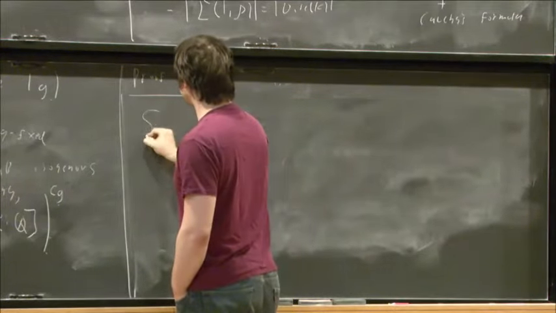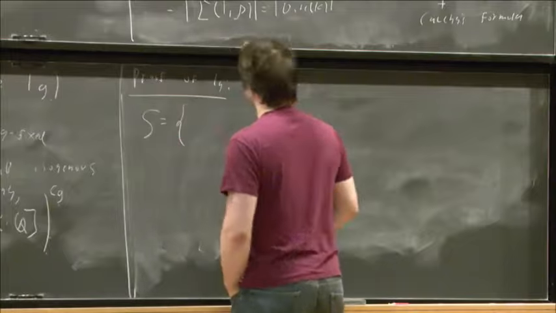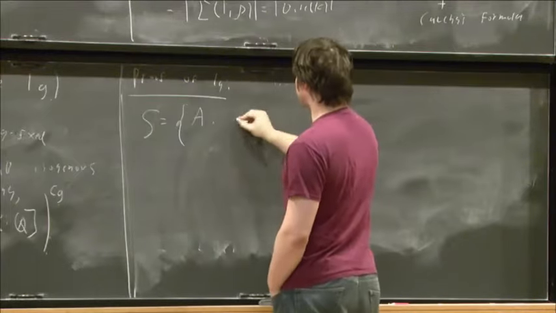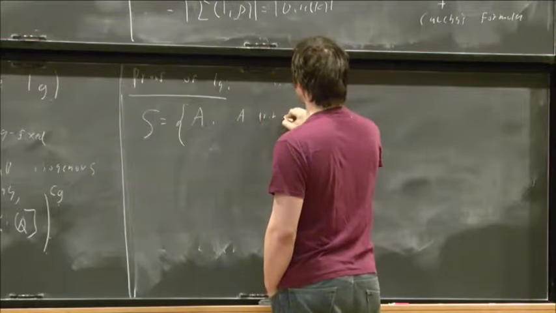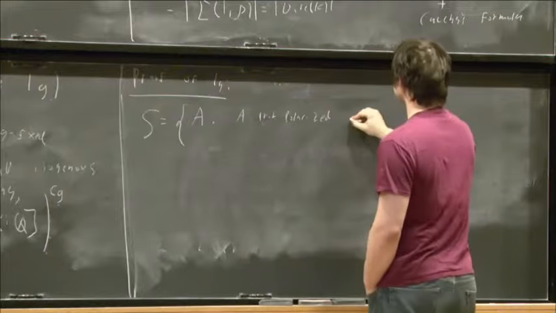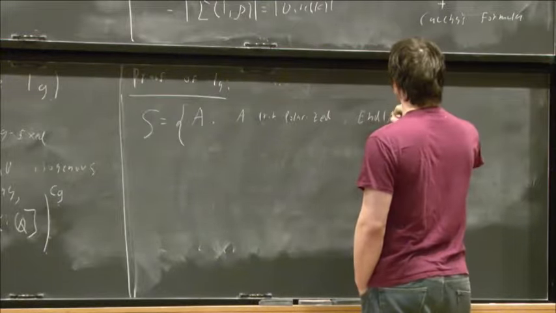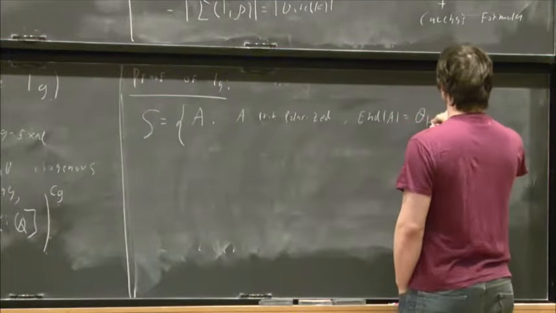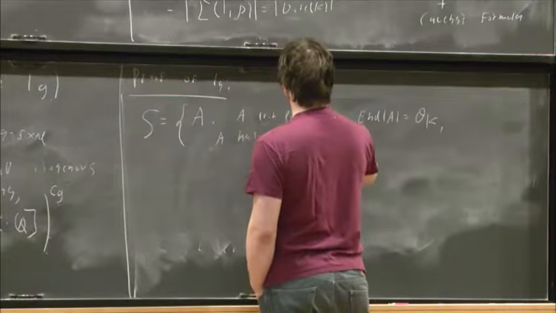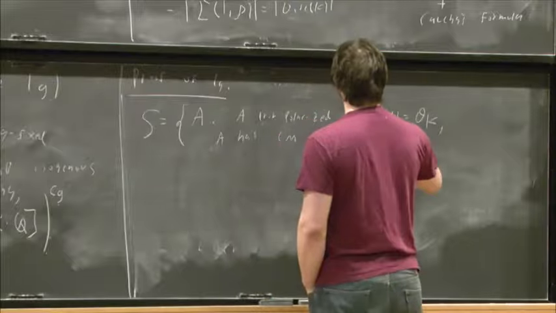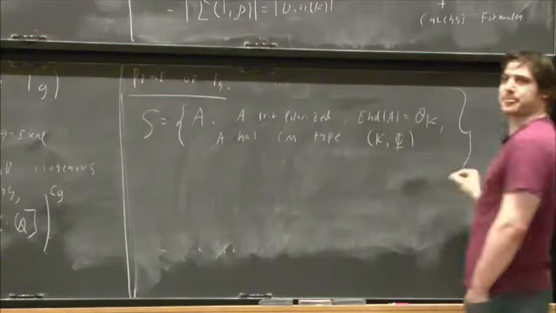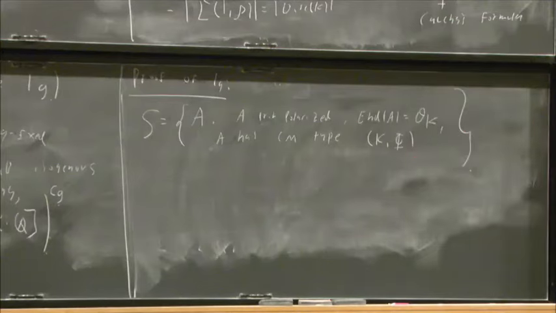So define a set S to be the set of all abelian varieties A, such that A is principally polarized, the endomorphism ring of A is the full ring of integers of K, and A has CM type K, comma, some phi. OK? So look at all such abelian varieties.